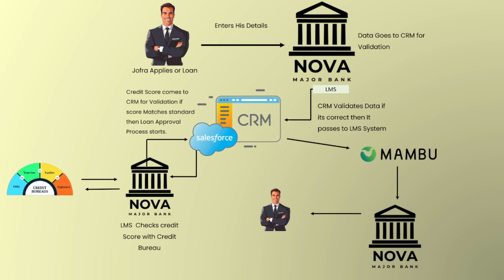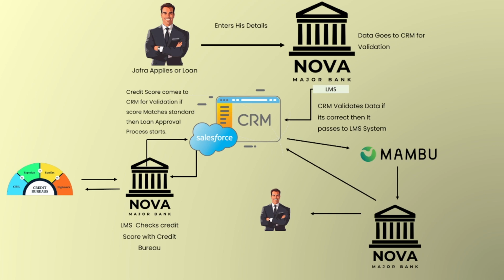So in this picture, at a glance, you can see that four systems are interacting with each other. A few systems are just interacting, that is an interface. A few systems are in integration, meaning their data is not only exchanged, there are some processes also going on. So in this picture you can say that for the credit bureau and Mambu there is an interface, whereas Noah Major Bank is in integration with Salesforce.